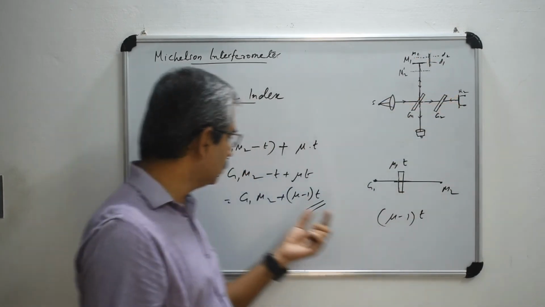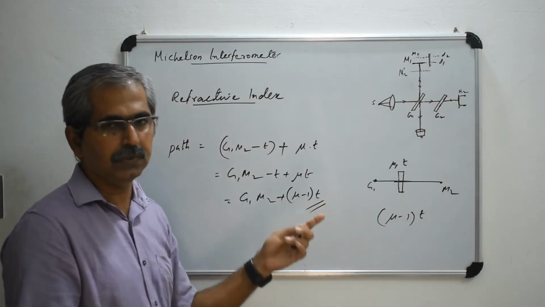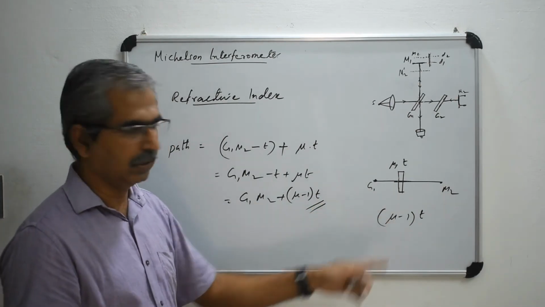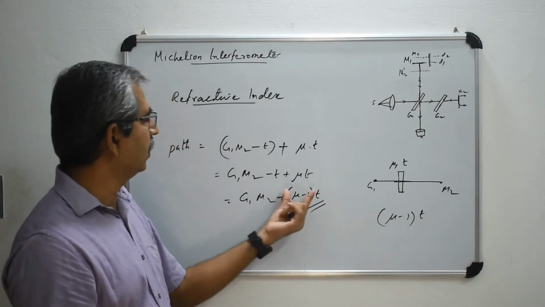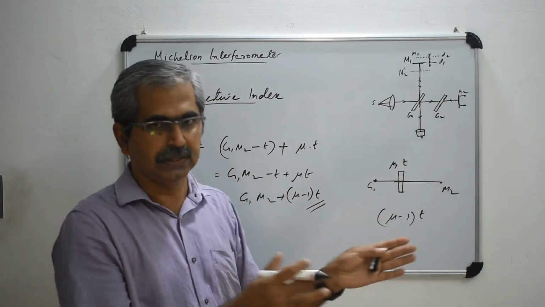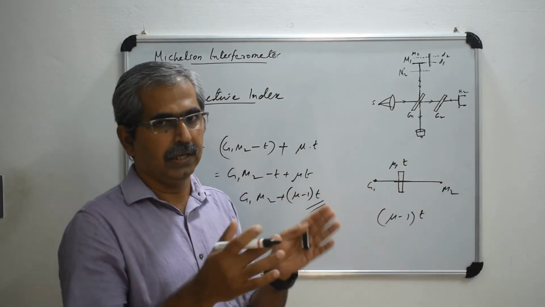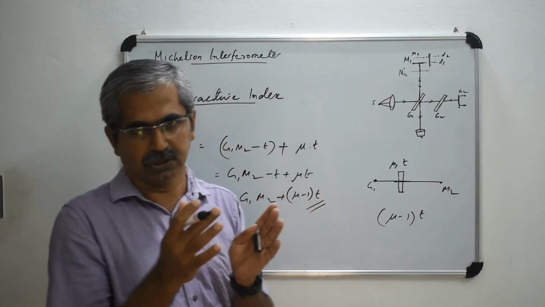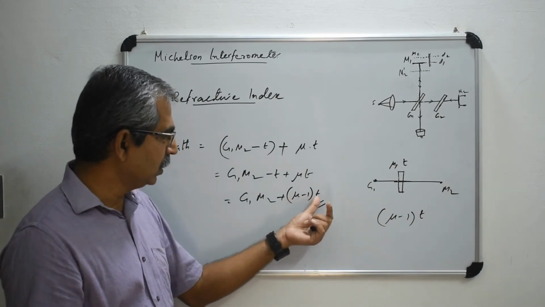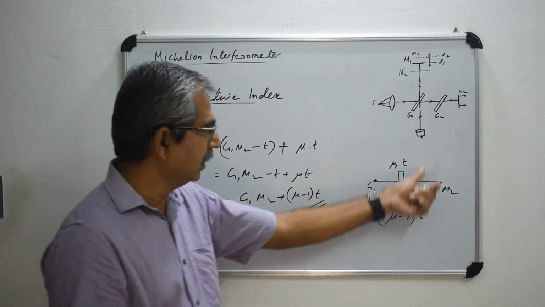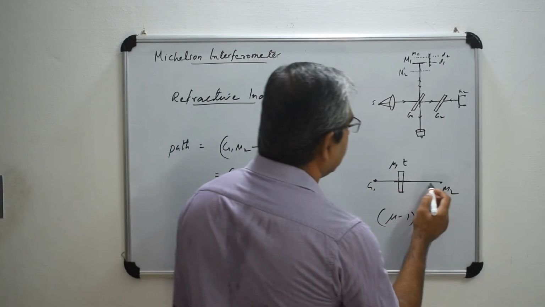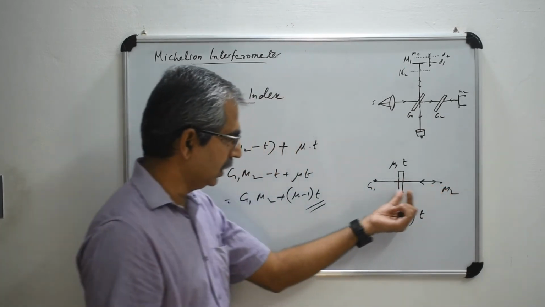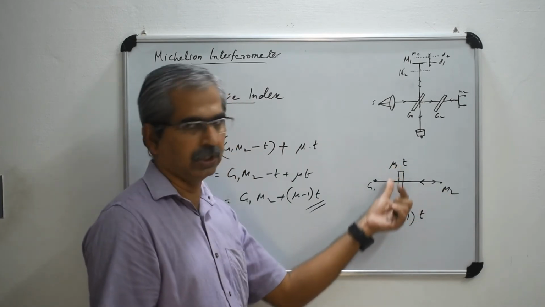Okay, because of this additional path, you can see that there is a sudden shift in the fringe pattern. So you have a ring system there, and when you introduce this, you can see that there is a sudden shift. If we can calculate how many fringes are shifted, then mu minus 1 into T is the path, and since this light is going to M2 and then returning, the light has to pass twice through this sheet.